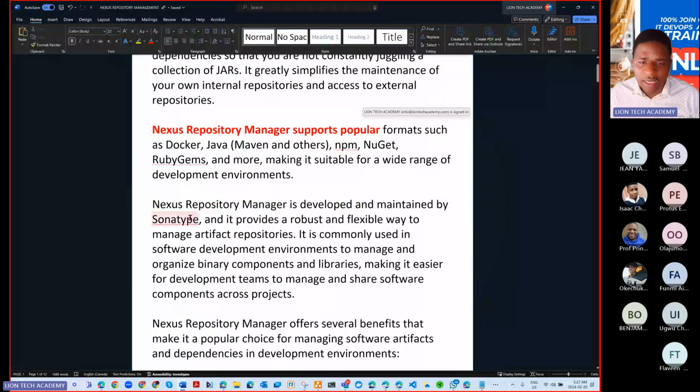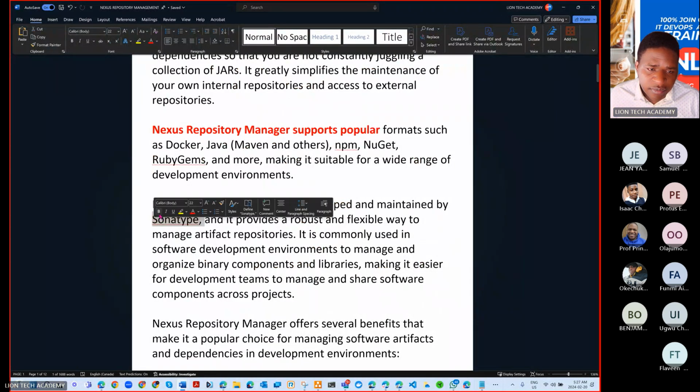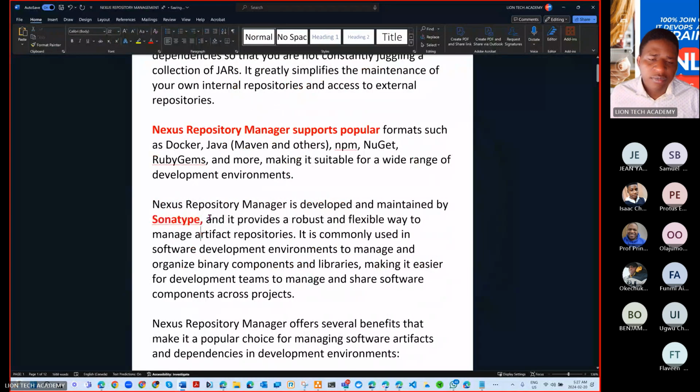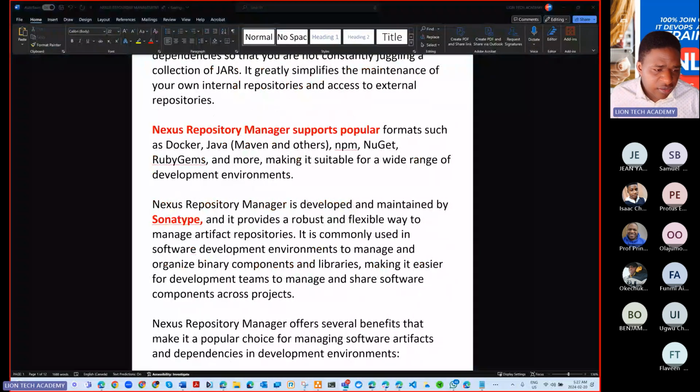Again, Nexus is developed and maintained by a company called Sonatype. This is the vendor of Nexus. They own Nexus and they support Nexus. It provides a robust and flexible way to manage artifact repositories.